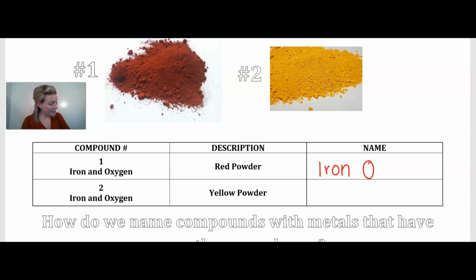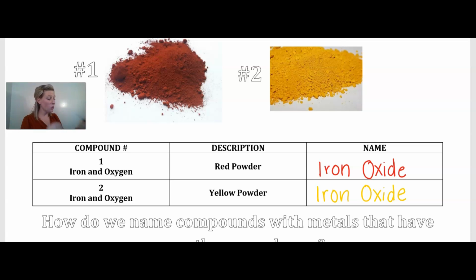So iron oxide. Naming our second compound, it seems kind of silly, but it's also made from iron and oxygen. So we get iron oxide. But this is extremely problematic.